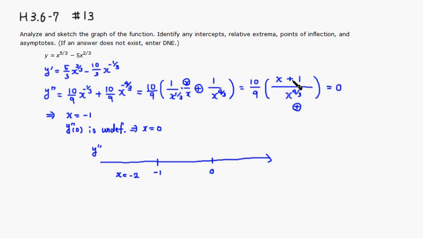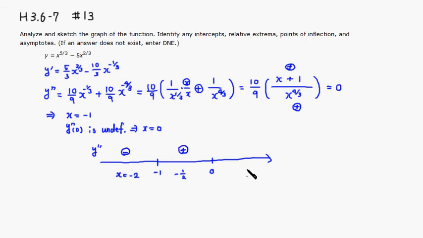Negative 2 plus 1 is negative. So negative divided by positive is negative. Between negative 1 and 0, we'll try negative 1/2. Bottom is positive. Negative 1/2 plus 1 is actually positive. So positive over positive is positive.